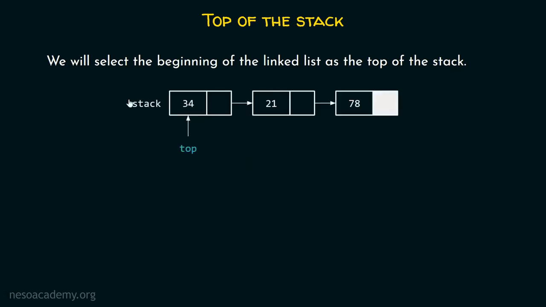Okay, this is how a stack looks like. Let us suppose that this is the initial state of the stack. There are 3 elements in the stack, right? This is the linked list representation of stack, and top pointer is currently pointing to the first node of this list. Obviously, here we are selecting the first node as the top of the stack. That is why the top pointer must point to the first node of the linked list, right?